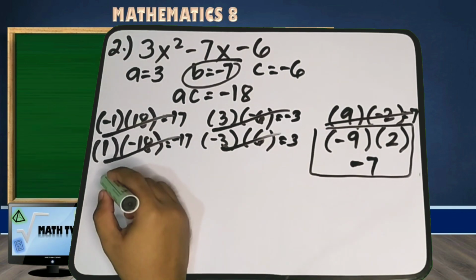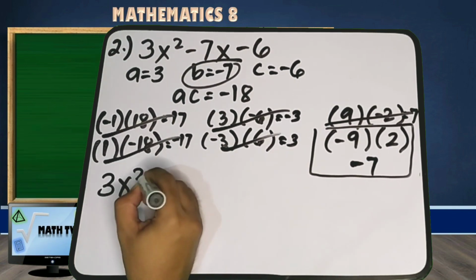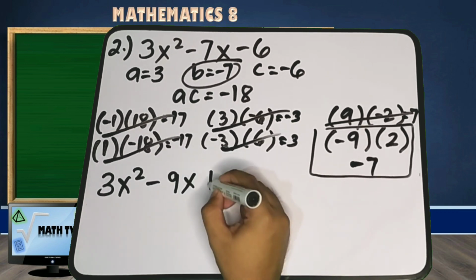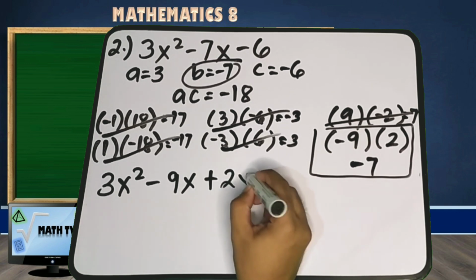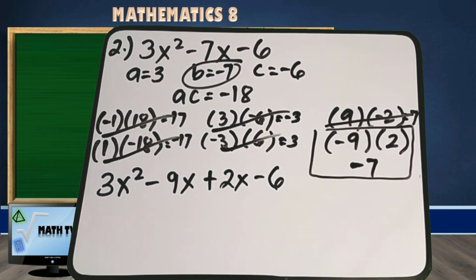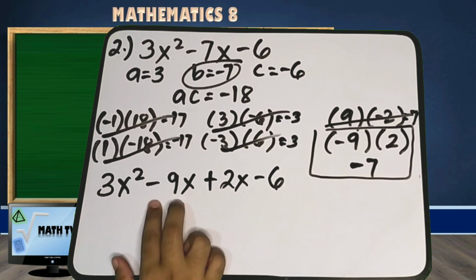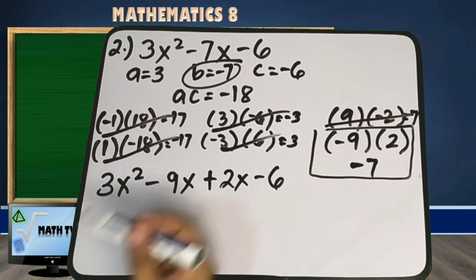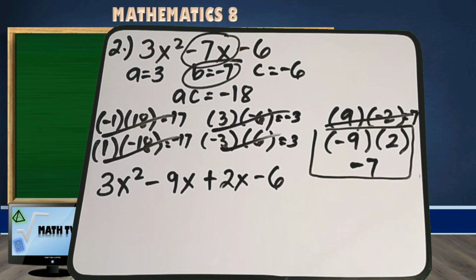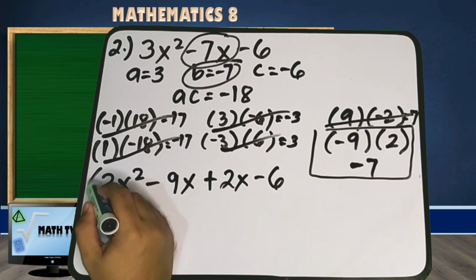So, yung bagong equation ngayon natin ay 3x squared minus 9x plus 2x minus 6. So, yung negative 9x plus 2x, same sila ni negative 7x. Parehas lang sila. Ngayon, so last step is to group.